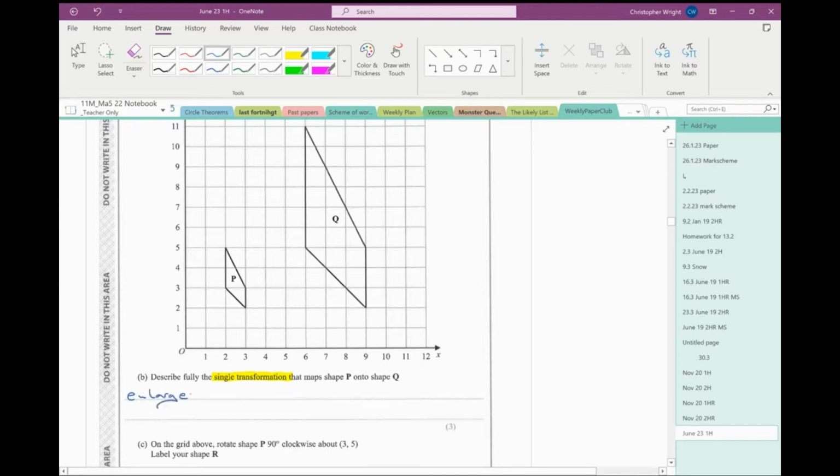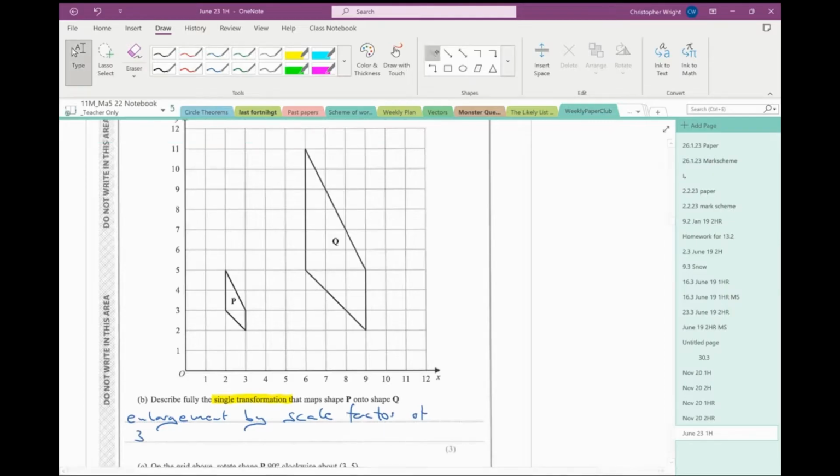Now I need to give a scale factor of 3, but I also need to give a center of enlargement. So I'm going to join up corresponding vertices. That one goes there, right? And let's join up this one. Here you are. That's going to be the center of enlargement, isn't it? Check with this one. There you go.